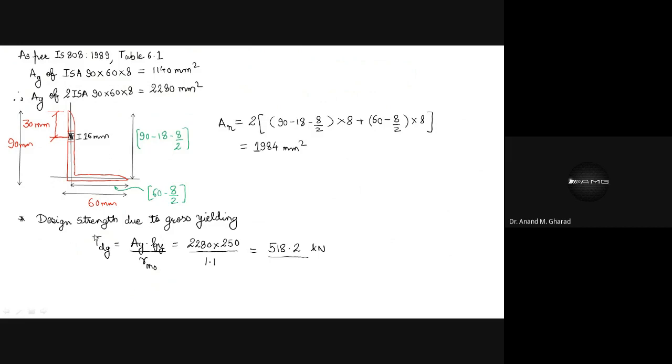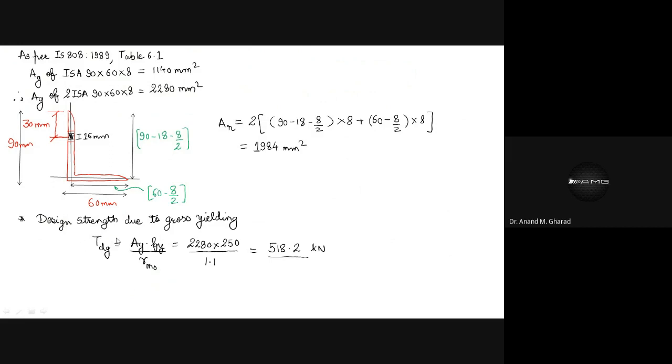Now the next part is to calculate the design strength due to gross yielding. This is required, है ना. जैसे हमने देखा, there are 3 modes of failure: gross yielding, net section rupture and block shear.